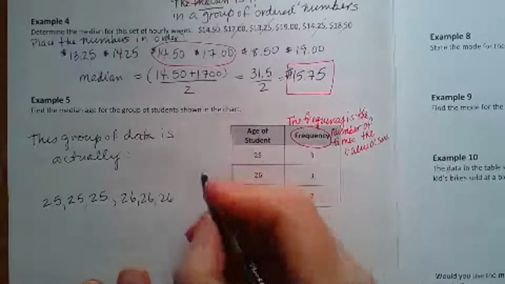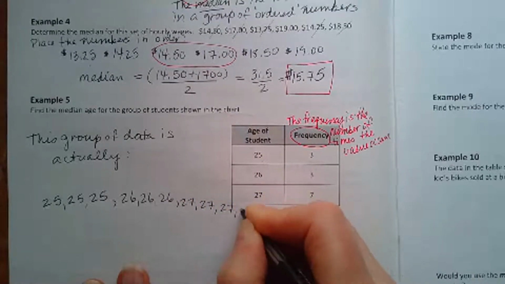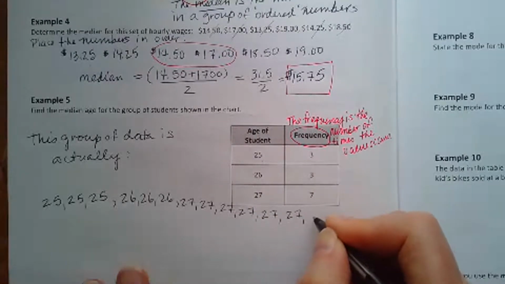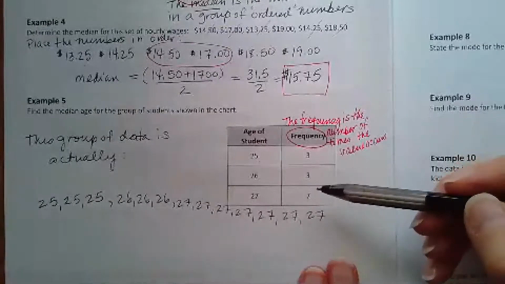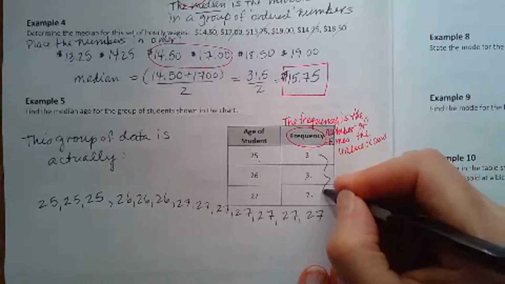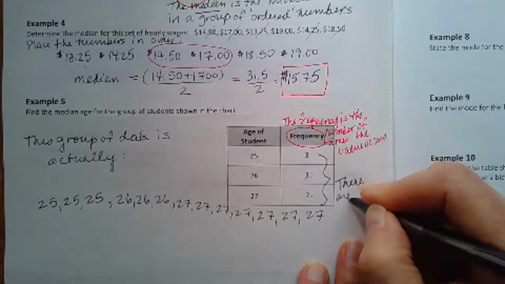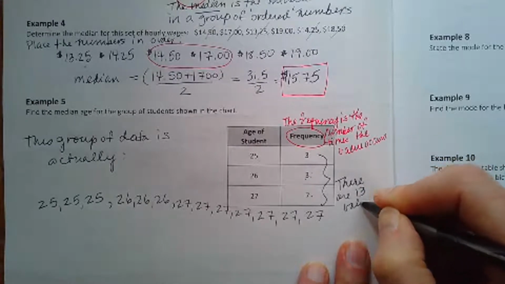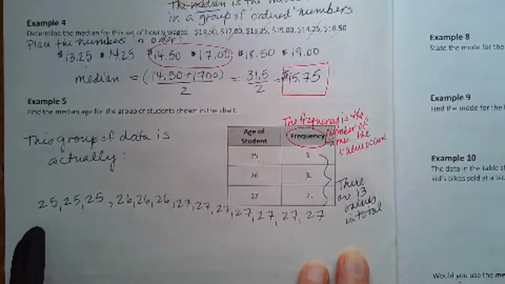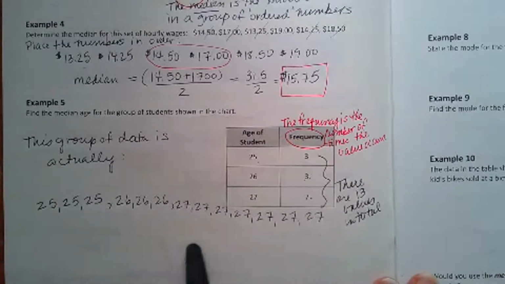And there's 7 27s, right? 1, 2, 3, 4, 5, 6, 7. There are 13 values in total. Let's see. 1, 2, 3, 4, 5, 6, 7, 8, 9, 10, 11, 12, 13. So I have them all represented here.